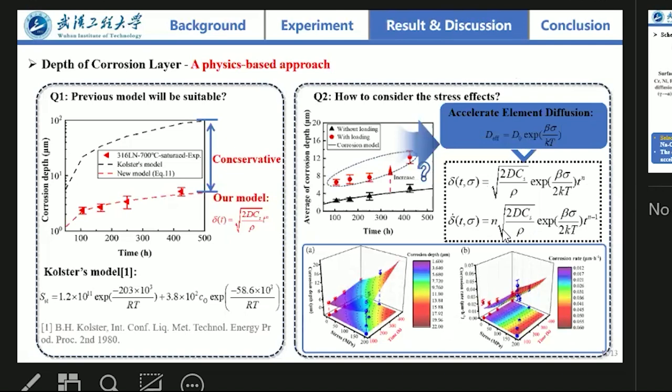And based on all the results we have, we try to predict the depth of the corrosion layer. When we do this part, there are two main questions that confuse us. Question one is whether the previous model is suitable in this case.